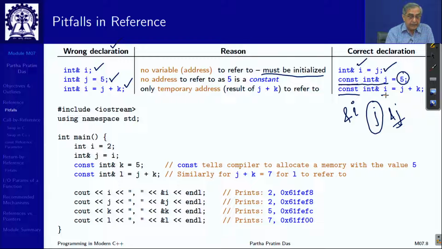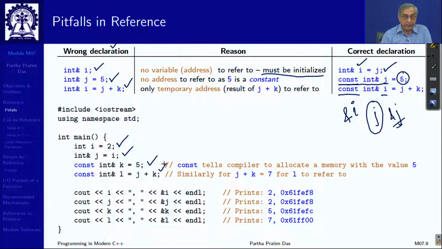So, you can see here I have declared i as an initialized variable, j declared as a reference to i, k declared as a constant reference to 5, and L declared as a constant reference to the expression j plus k, right.